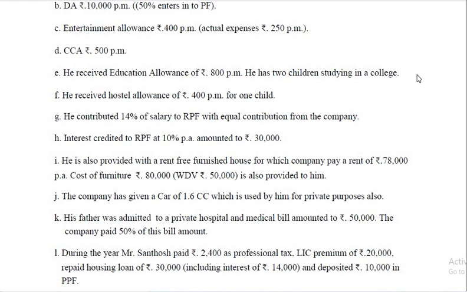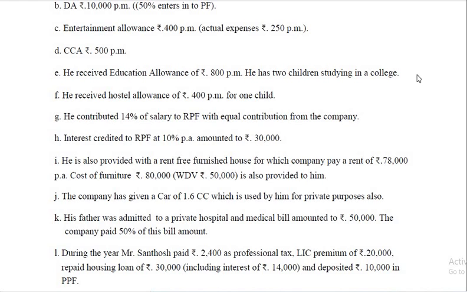Next, he contributed 14% of salary to recognized Provident Fund with equal contribution from the company. Now the question is the company's contribution to recognized Provident Fund. In a problem, first you have to ascertain whether it is a statutory Provident Fund or a recognized Provident Fund. If it is statutory Provident Fund, whatever may be the contribution of the employer, the entire amount is exempt.